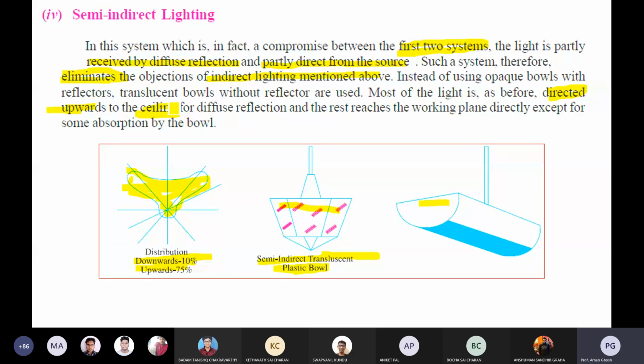So some of the portions come through the bowl, basically some refraction, and the rest, as the bowl is faced, the light goes directly to the ceiling, and from the ceiling it is reflected. From the reflection, as the surface is uneven, it will be distributed in an equal manner throughout the room in most of the cases, and you will get that.